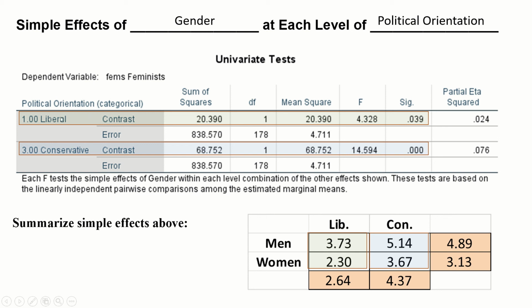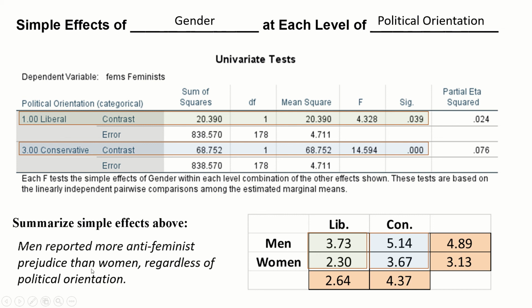So the simple effect of gender is significant for both liberals and conservatives. The gender difference that we found overall is replicating for both. So we can say that men reported more anti-feminist prejudice than women, regardless of political orientation, regardless of whether you reported to be liberal or conservative.